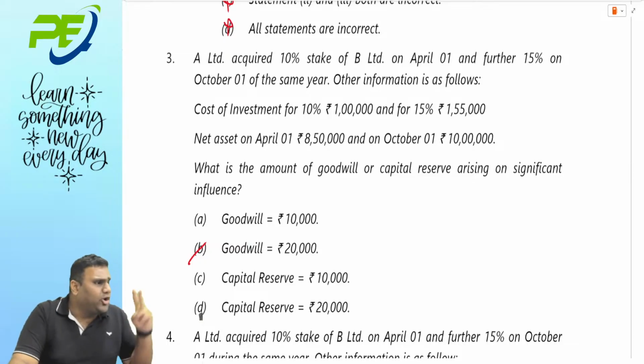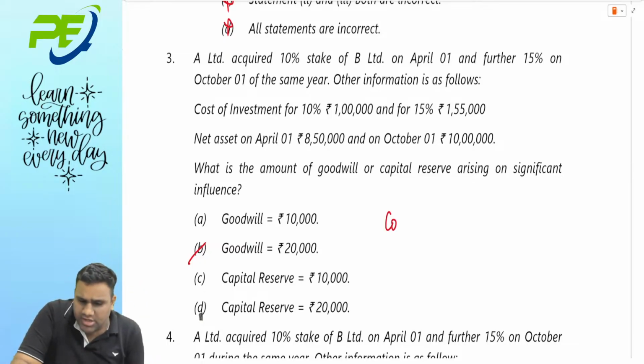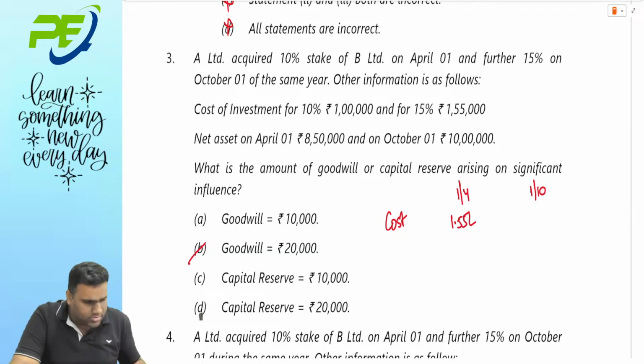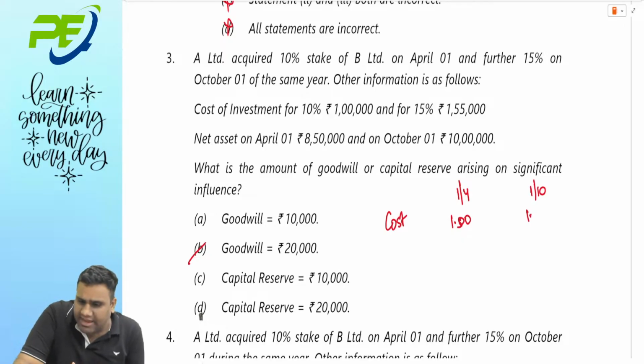Now we have acquired on 2 days, 1st of April and 1st of October. What was the cost which I have paid? 1 lakh and 1 lakh 55, everyone.